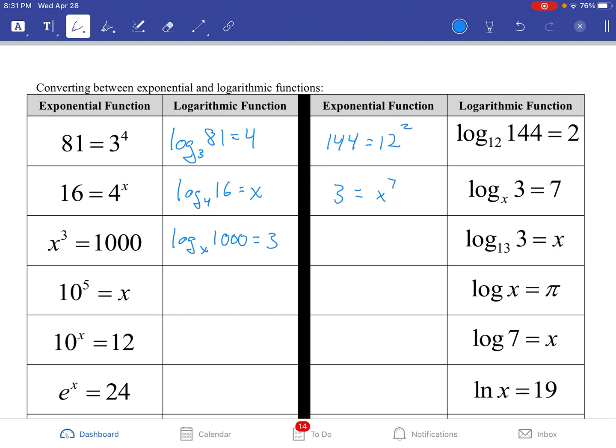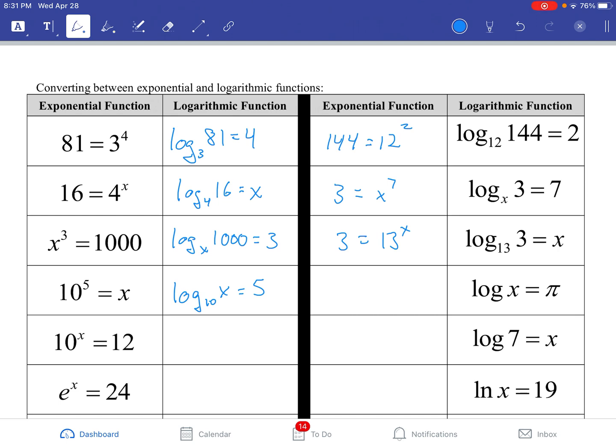3 is equal to 13 to the x. Log base 10 of x equals 5. All right. Next, we have... Now, this is an interesting part about logs.